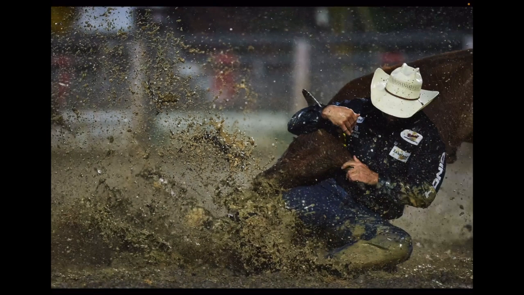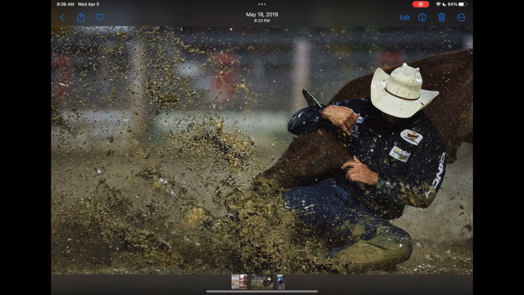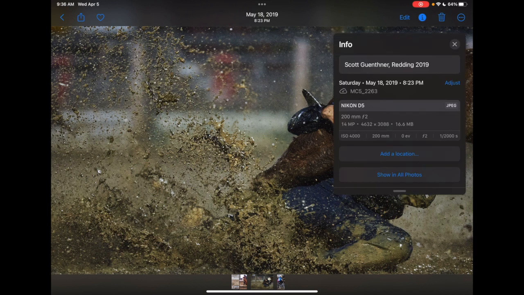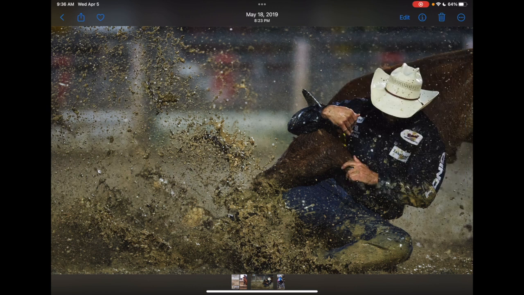Even at 4,000. The thing about this picture is you might be saying, oh, well, why were you at 1/2000th of a second when you could have had a lower shutter speed, right? To freeze the action, you could have frozen it at 1,000th or 1250th or 1600ths. Yeah, but the thing is that the faster the shutter speed, the smaller the particles that you're going to be able to freeze.